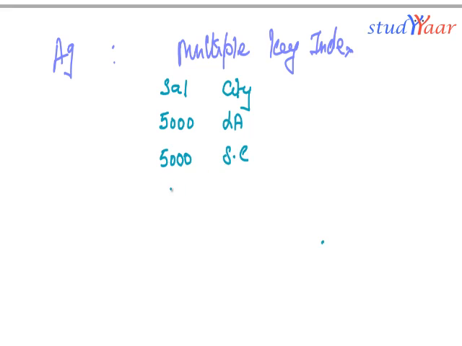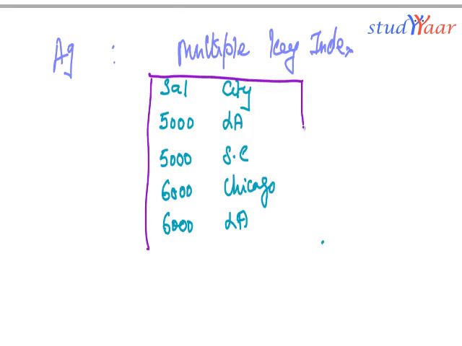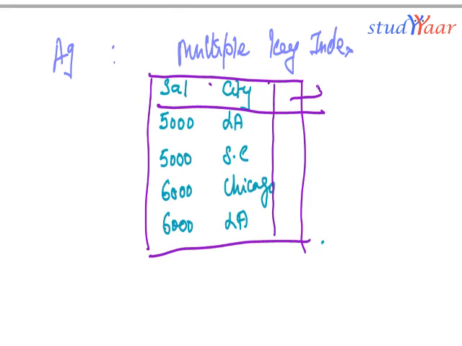Then I would have salary 6,000 and city equal to Chicago. Similarly, salary 6,000, city equal to LA. So I'll have such kind of entries in my index record. This entire field is the search key, and over here I have the pointer to records.